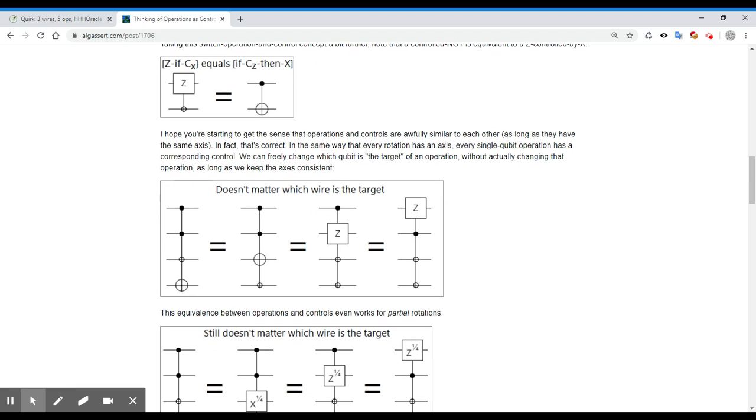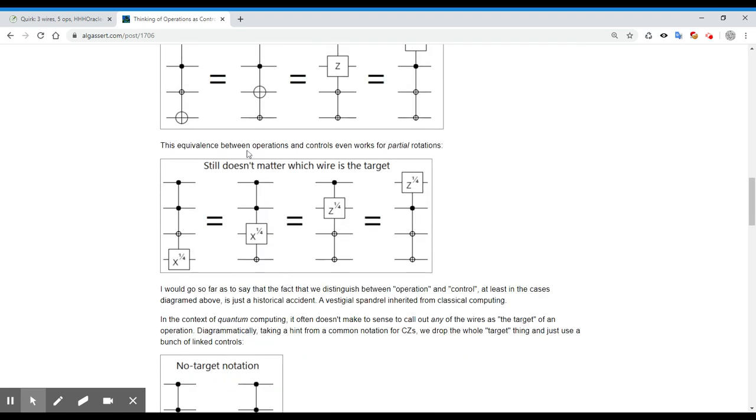In the same way that every rotation has an axis, every single qubit operation has a corresponding control. We can freely change which qubit is the target of an operation without changing that operation, as long as we keep the axis consistent. So basically, you can flip that, and that, and that.